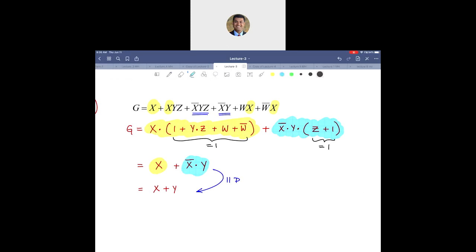Let's see, that's it. I cannot simplify anymore, so that's my answer there. So it looked quite intimidating at first, but the moment you focus on pulling out some common factors to simplify, it will tend to be very easy. Questions about this example?